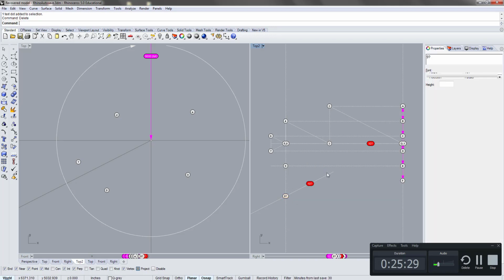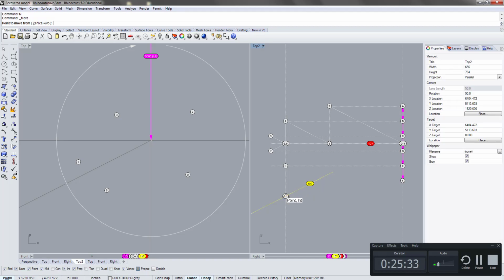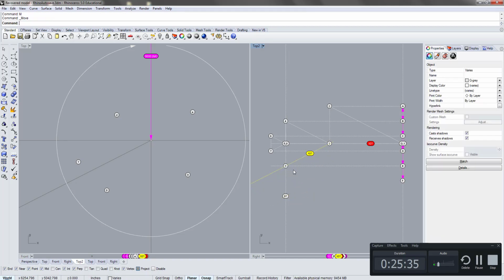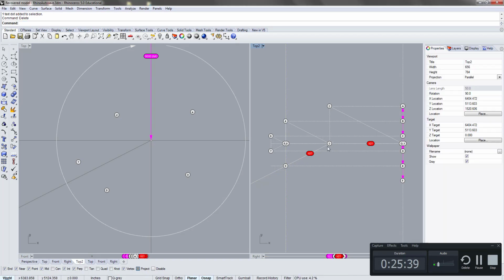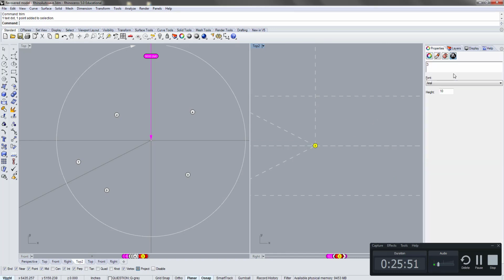So that would also help us locate number 10, because there's going to be this diagonal line, right? And 10 is both on this horizontal and that diagonal. So the only possibility again is at this intersection, which ends up being identical to point 3.